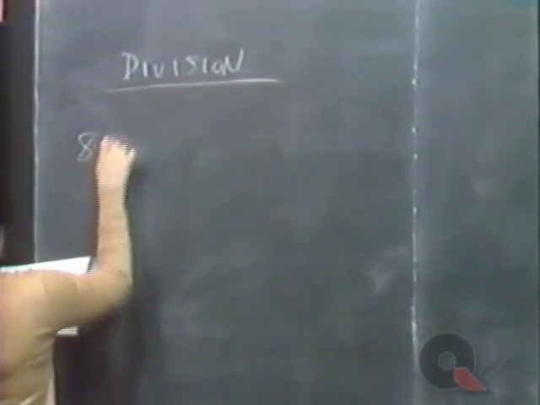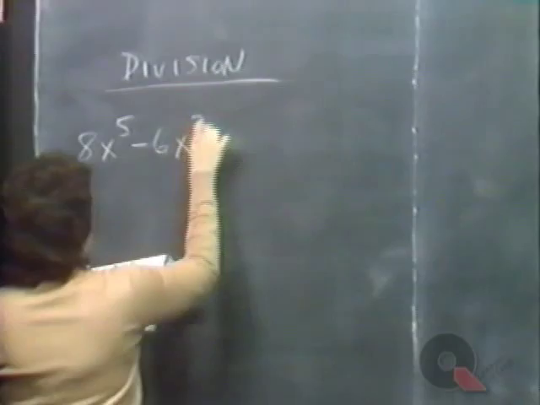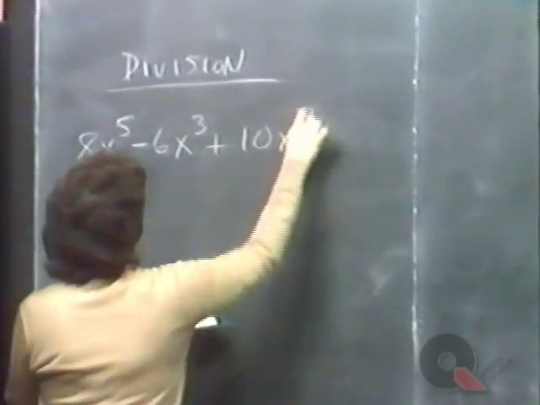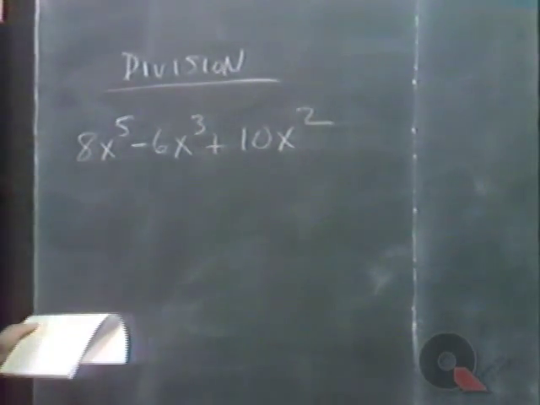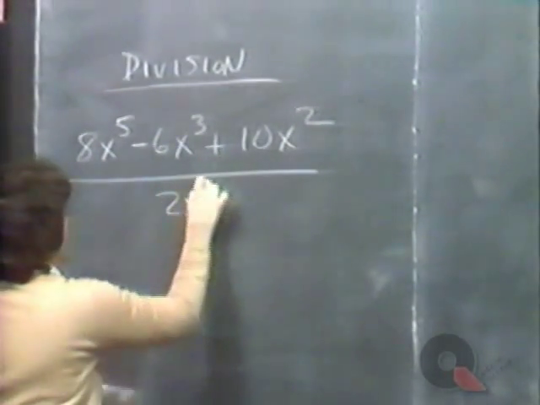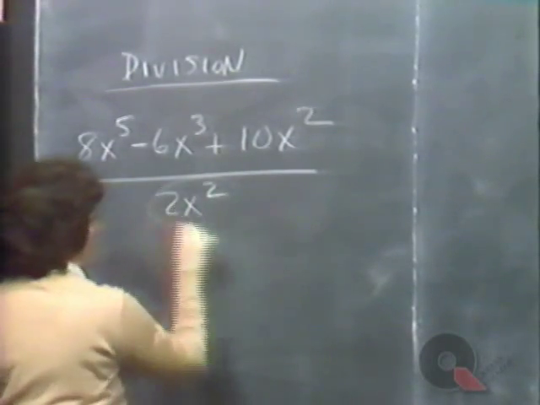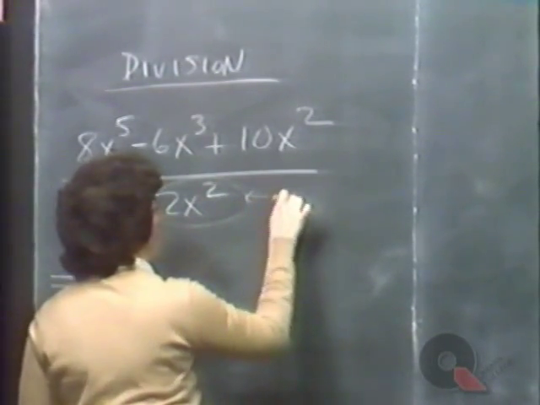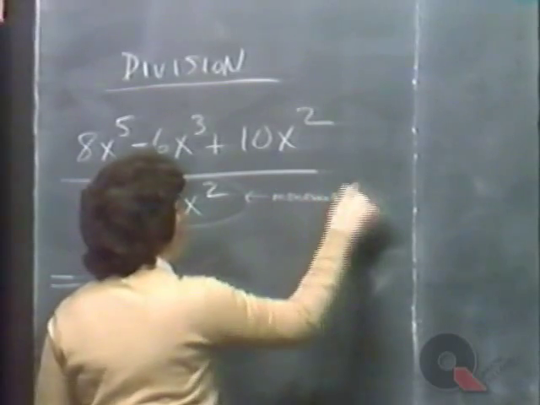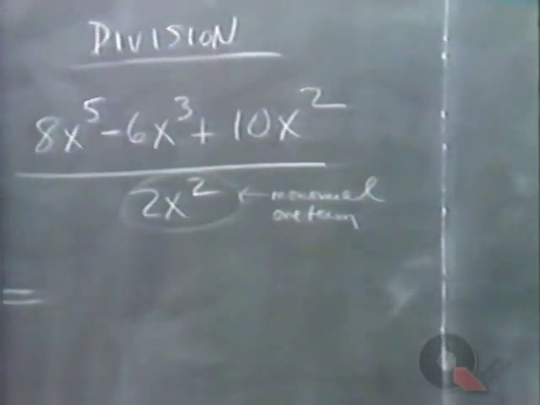Let's say we have 8x to the 5th minus 6x cubed plus 10x squared, all divided by 2x squared. Division by a monomial, one term, is handled in a special way.